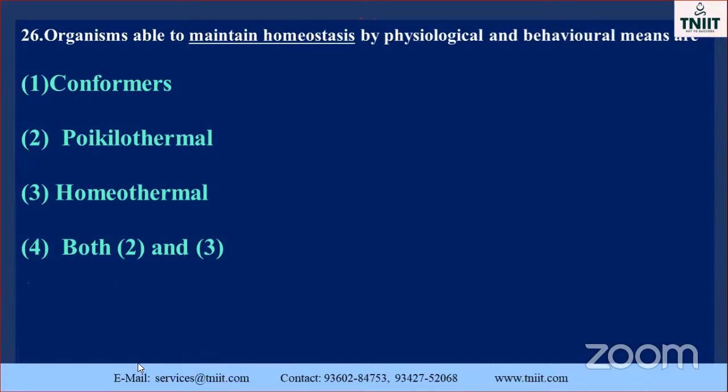See, the organism able to maintain homeostasis. What is the meaning of homeostasis? Maintaining body temperature by physiological and behavioral means. What is the meaning of conformer? They cannot maintain their body temperature; that is called a conformer. So the option is cyclotherms, which cannot maintain.